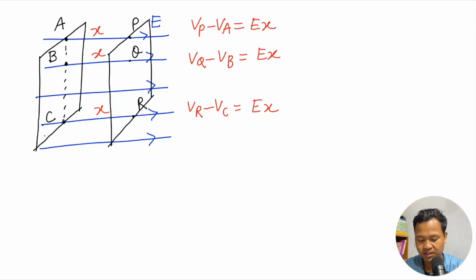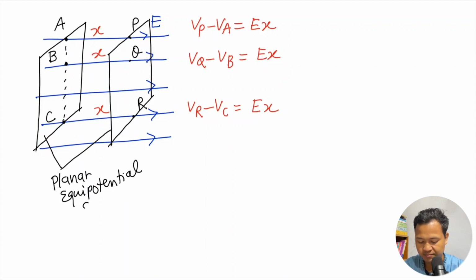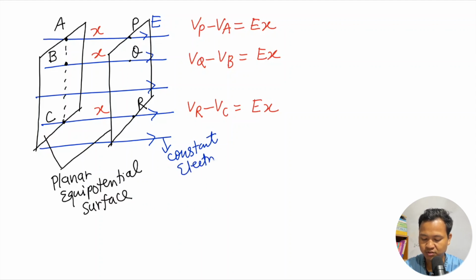These are planar equipotential surfaces. For a constant electric field, the type of equipotential surface that you will have is a planar equipotential surface.